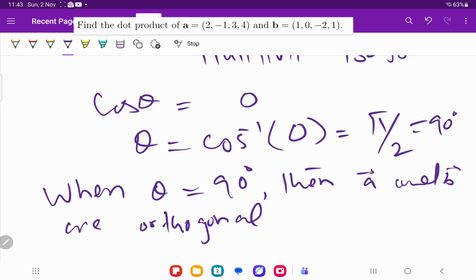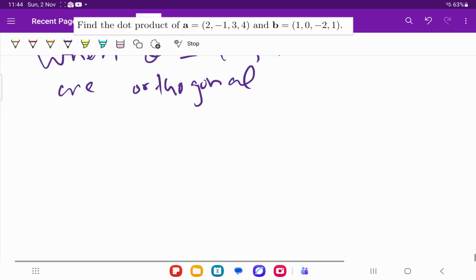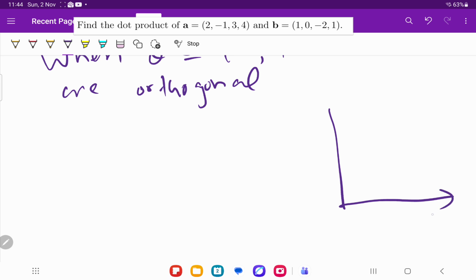Orthogonal vectors make a 90 degree angle with each other. So this is A, this is B, and they are making a 90 degree angle.